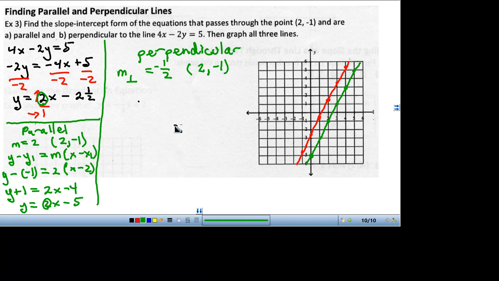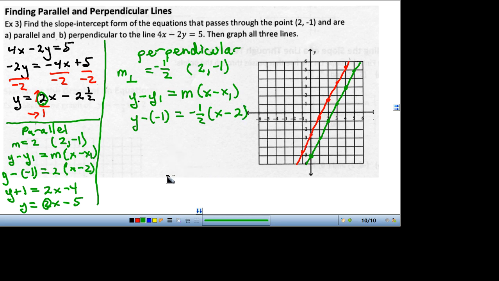Again, point slope form. y minus y1 equals m, x minus x1. And plug it in. y minus negative 1 equals negative 1/2 times x minus 2.